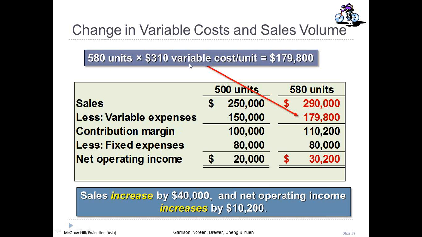Because our quality has increased. So our contribution margin in this example improves from 100,000 to 110,000. Our fixed expenses don't change, so this is actually a good proposition for the company. Sales increased by $40,000. Net operating income increases by $10,200.